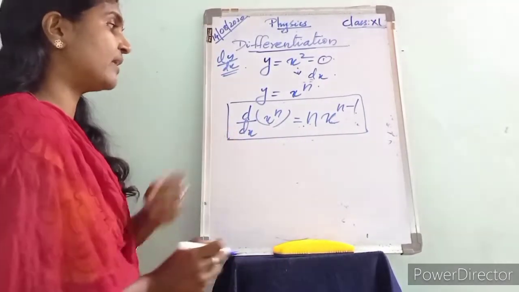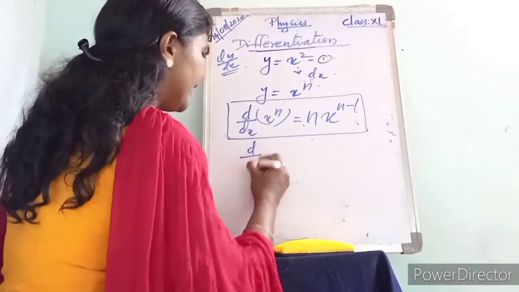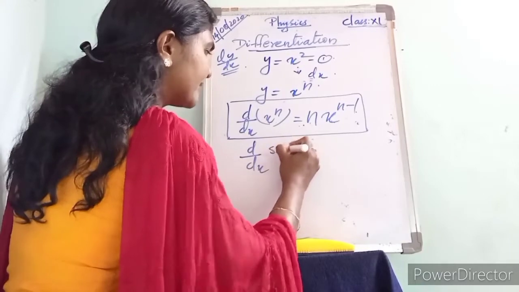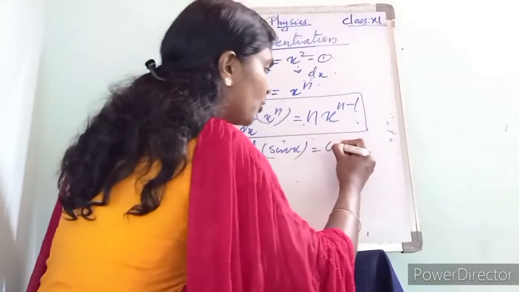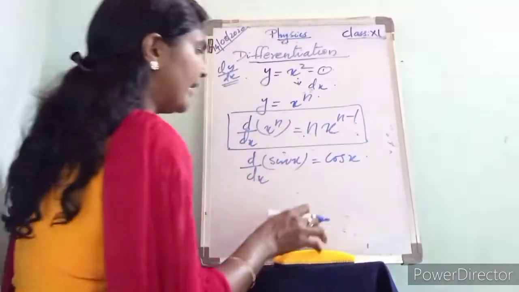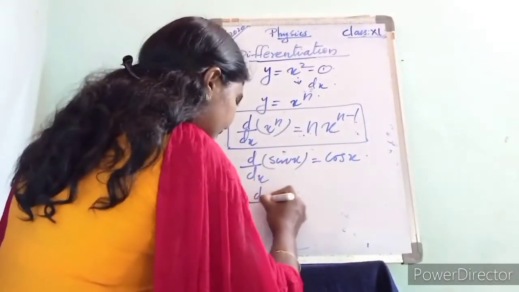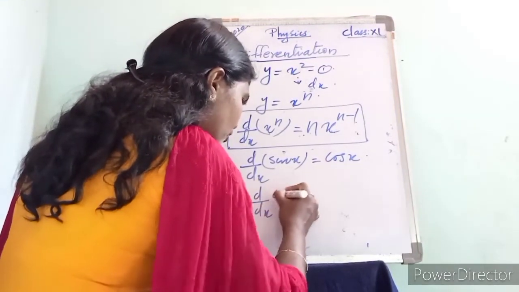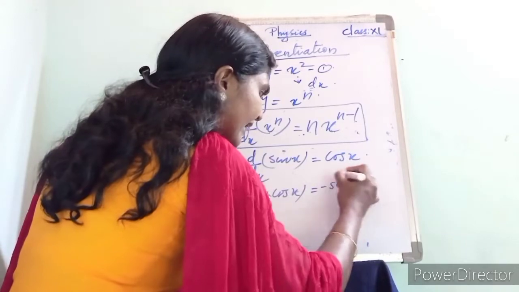Apart from this, we have two more equations also. d by dx of sin x is actually cos x. d by dx of sin x equal to cos x. The next, d by dx of cos x is equal to minus sin x.